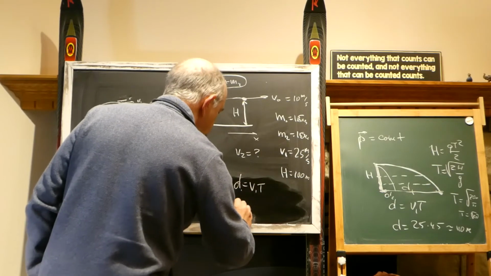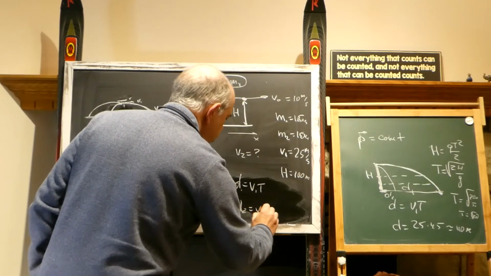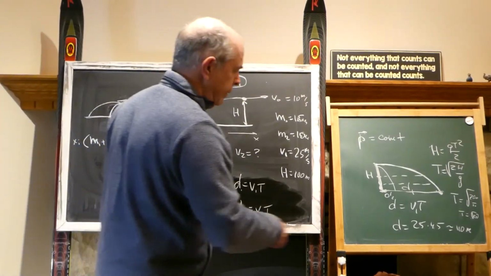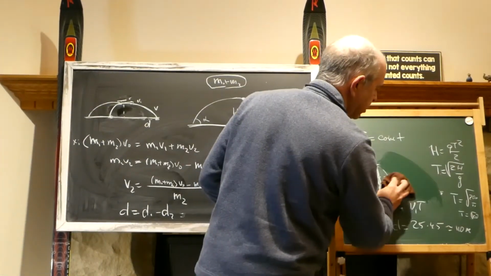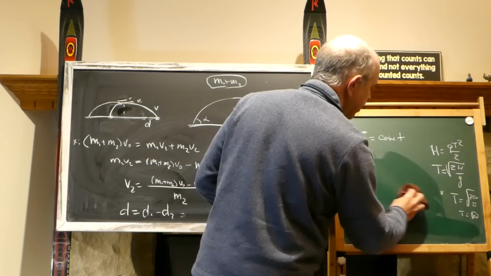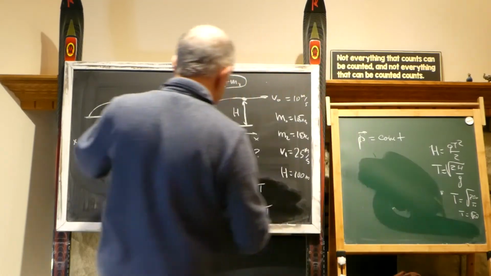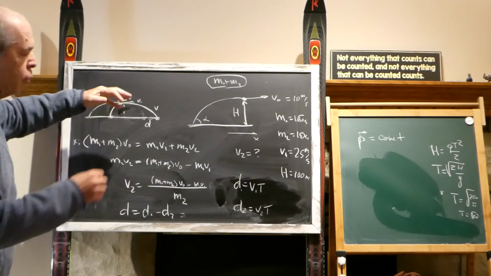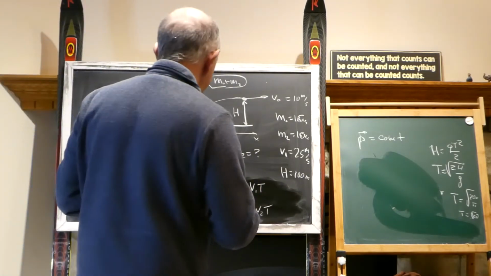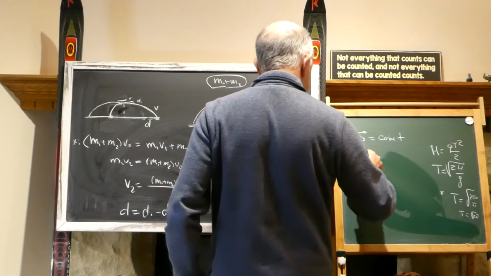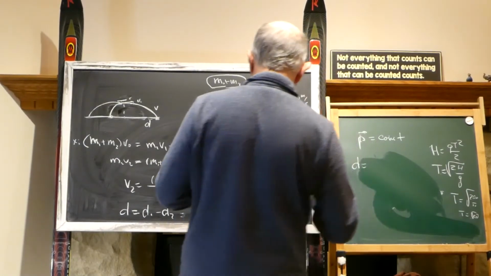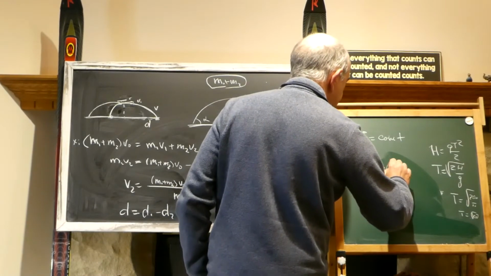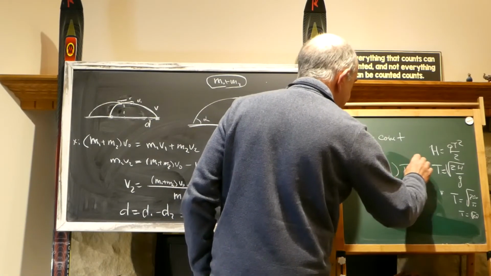And d2 is v2t. Time I will leave as it is, because time is determined along this vertical axis, and for these two projectiles, the two charts, would be the same. But I will basically say that the distance would be this minus this. So it would be v1 minus v2 multiplied by t.